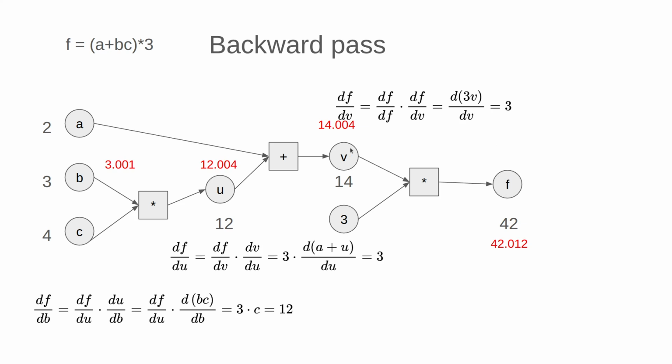If we change the value of v, how much f will be changed. Typically our purpose is that we want to adjust those parameters to let f become some specific number, which will be the ground truth or the label of our data set.